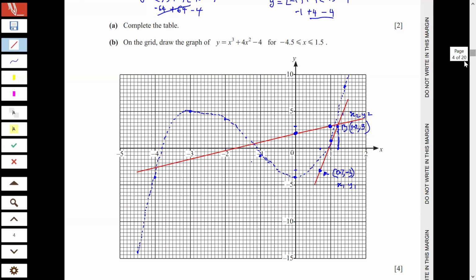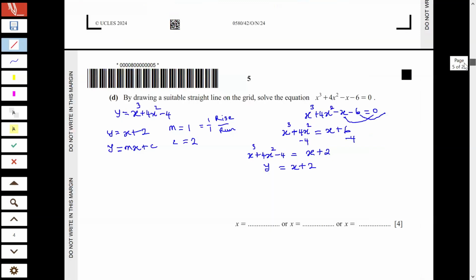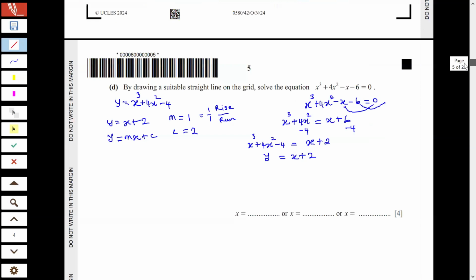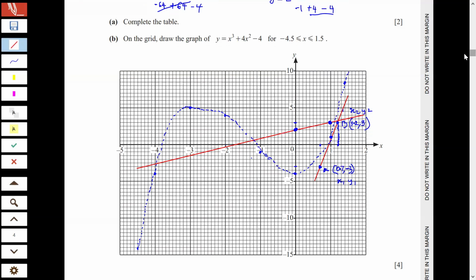Let's complete the question here that says, by drawing a suitable straight line on the grid, solve the equation. To solve this equation, the solution will be the points of intersection of the straight line, which is a linear graph, with the curve.